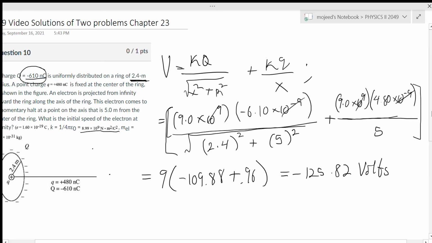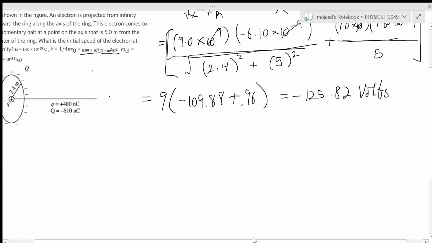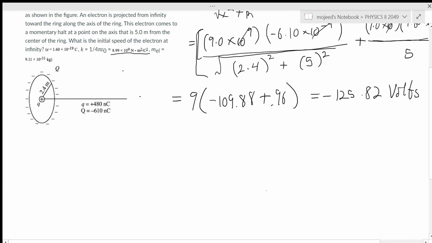Now that we have the electric potential at a point in space, we must find the initial speed of the electron at infinity.